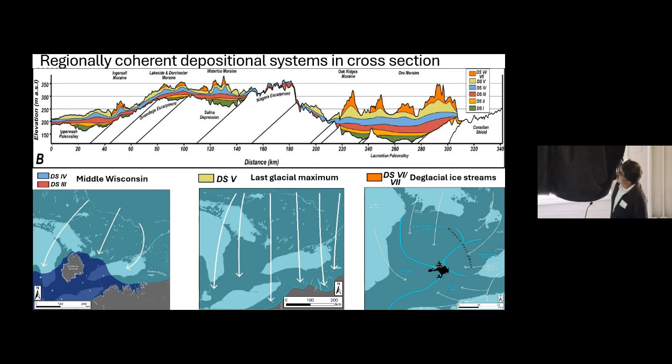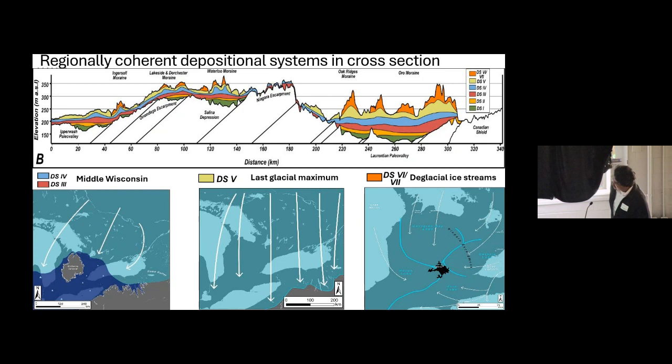We obviously have the thickest successions of sediment where we have the bedrock valleys. And these are directly related, for those with very short memories, to the paleoglaciology.